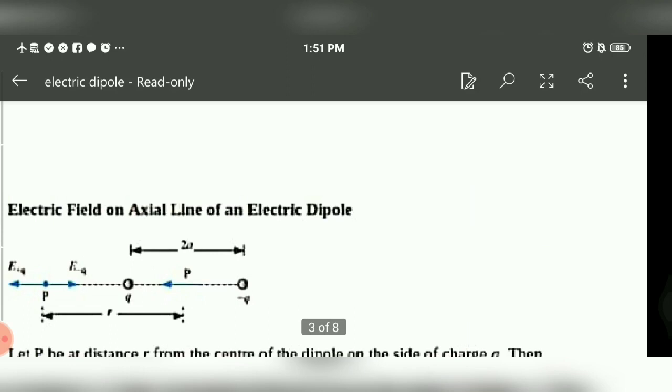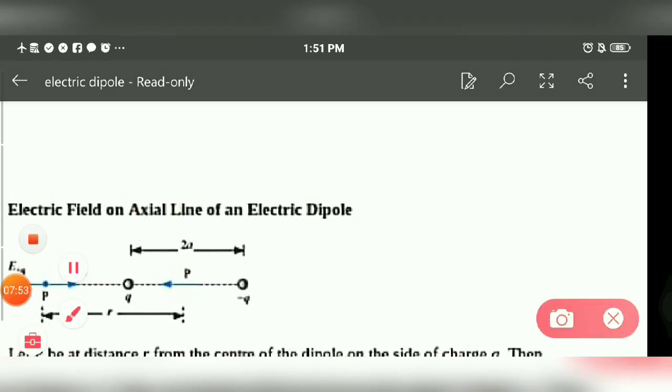Now what you have to do in this, you have to follow two steps. First, you have to find the electric field due to both positive and negative charge. Second, you have to find out the components if components are there. The second step is valid only if components are there.